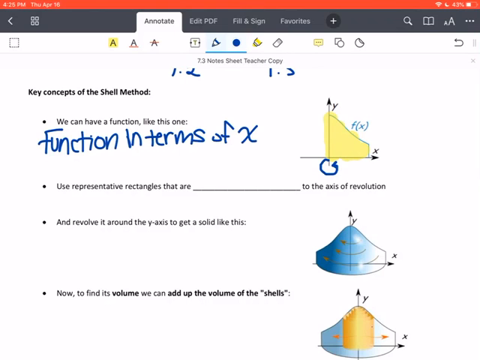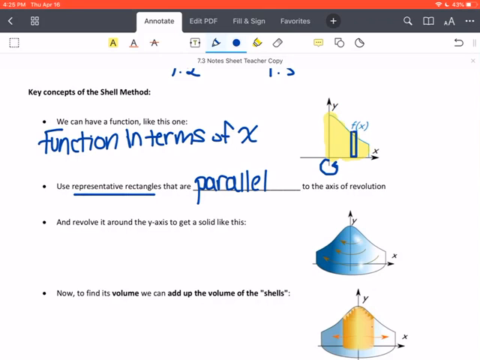So the first key idea is in this rotation, our representative rectangles are going to be parallel to the axis of revolution. If I draw one of those in, that is our key difference when we compare it to the disc washer method. In this case, our representative rectangles are parallel to the axis of revolution, in our case, the y-axis.